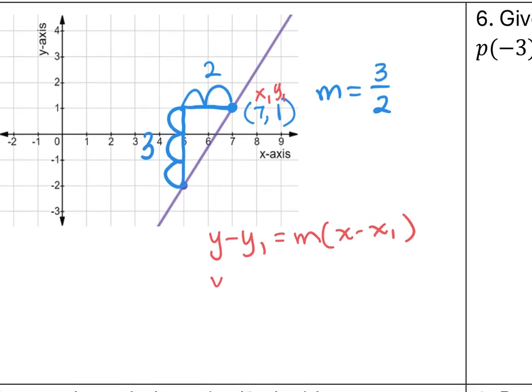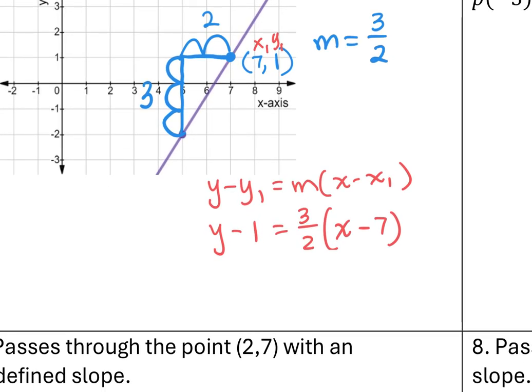So this will be y minus the y1, which is 1, equals the 3 over 2 times x minus the x1, which is 7. Now that it's in this form, I can distribute.